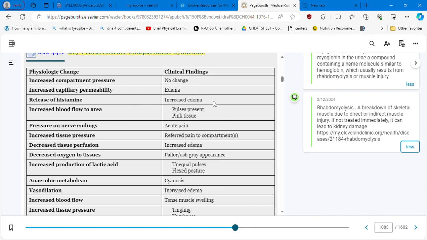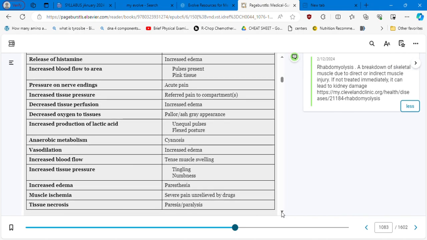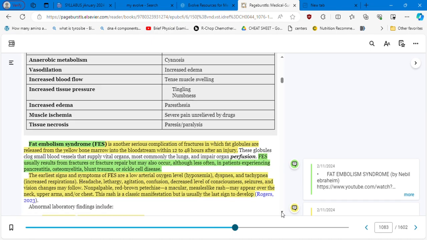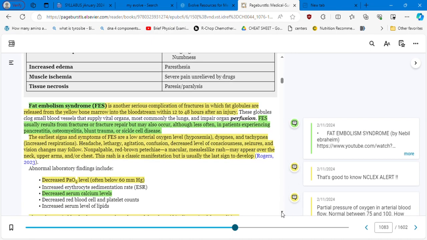We know that histamine has that effect. Increased blood flow to the area, pulses present, pink tissue, and the list goes on and on. You can read and understand better the whole pathophysiology behind compartment syndrome.